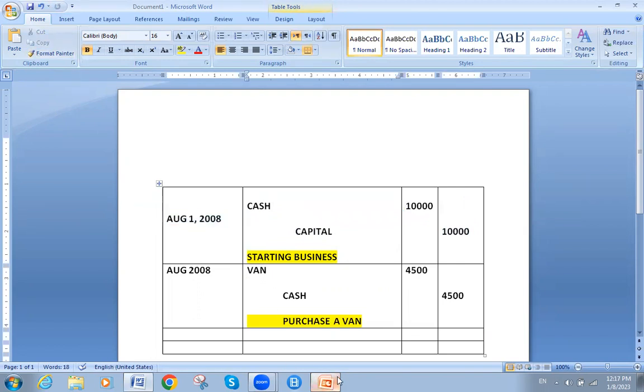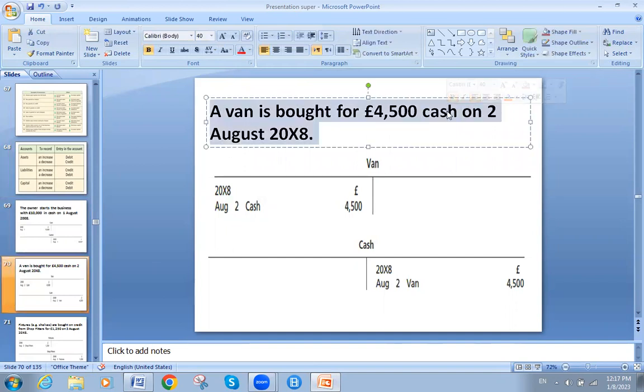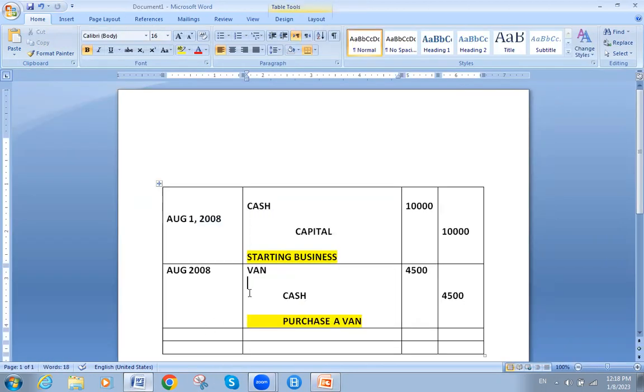The second transaction was that a van is bought for 4,500 cash. We bought it with cash, so the cash, which is an asset, decreases. What will happen if an asset is decreased? When an asset decreases, this will be a credit. So we say from the purchase, what we bought, which is a van, into the cash with the amount of 4,500.